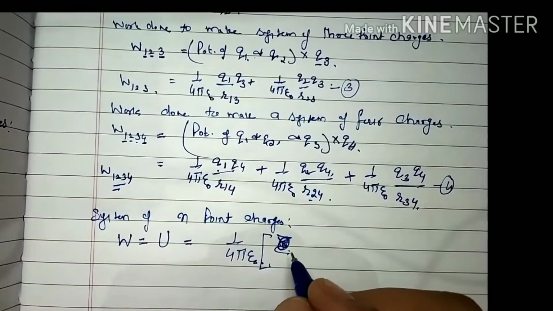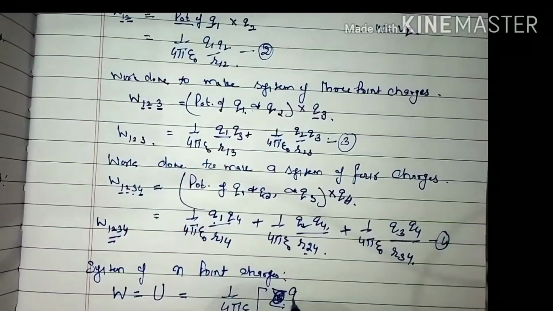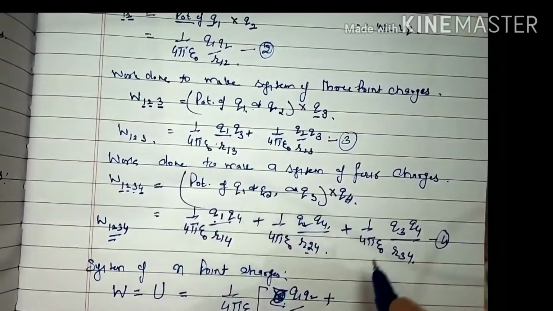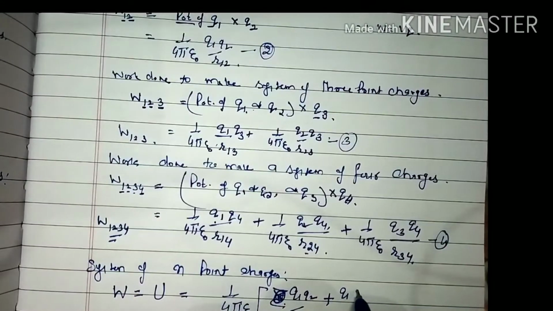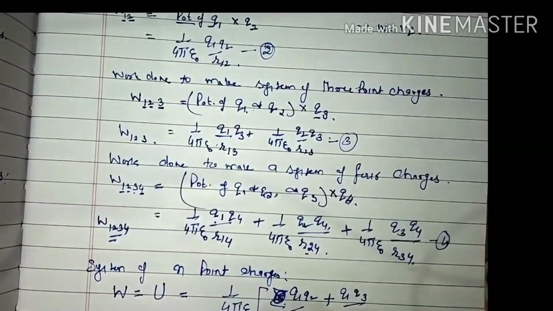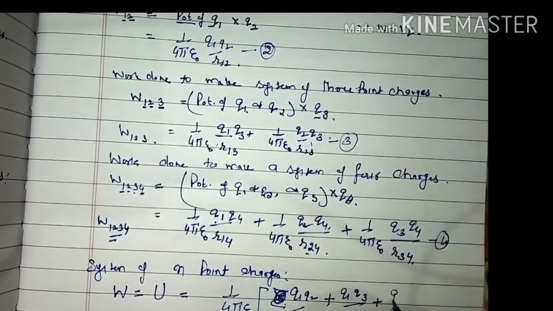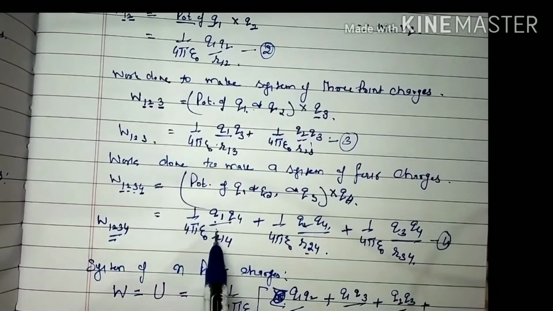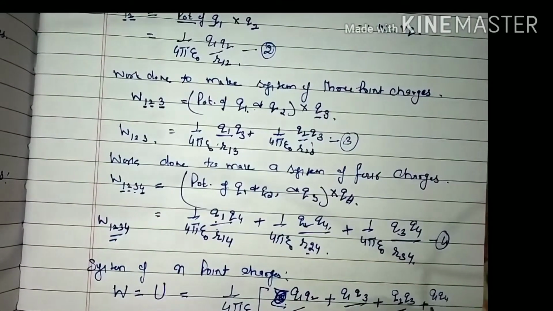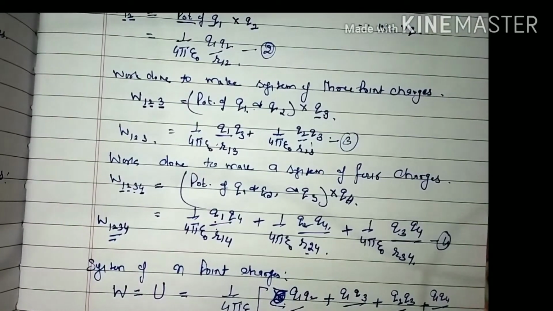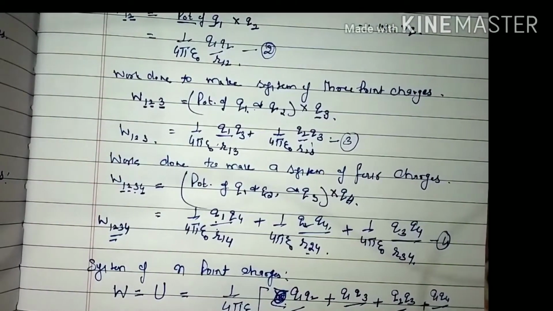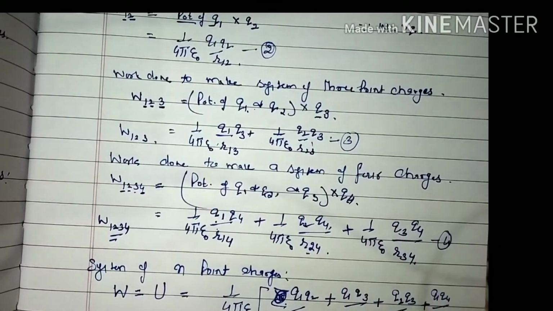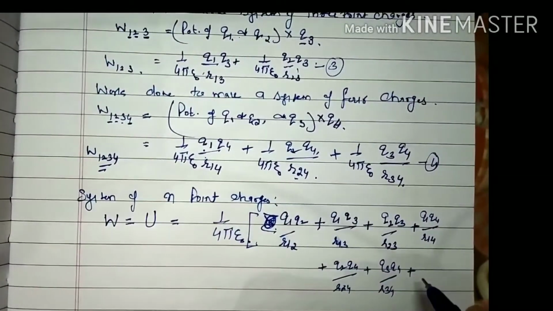So here we will write from equation number 2, Q1 Q2 upon R12, then from equation number 3, Q1 Q3 upon R13, plus Q2 Q3 upon R23, plus from this equation Q1 Q4 upon R14, plus Q2 Q4 upon R24, plus Q3 Q4 upon R34.